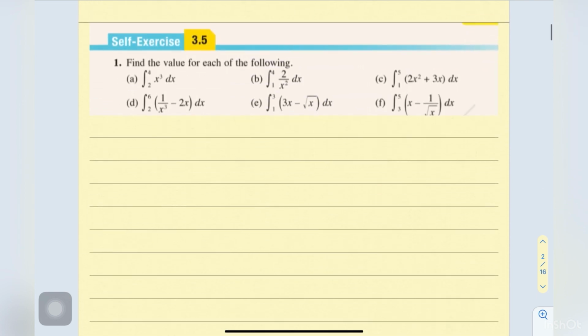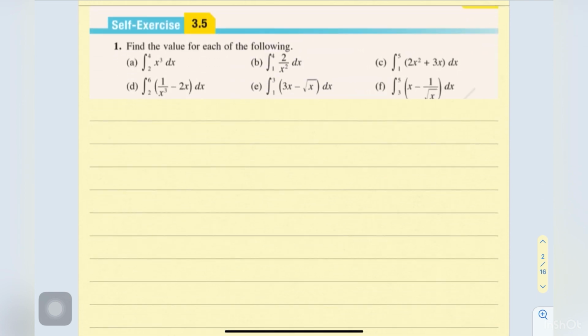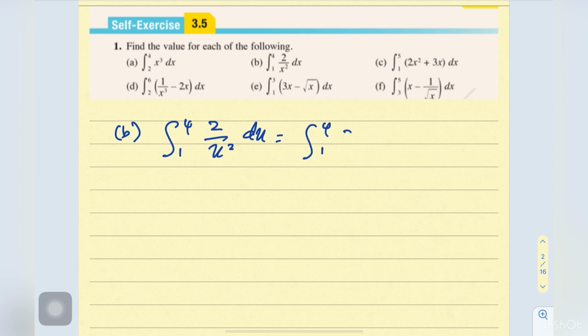Okay, for question B, integrate from 1 to 4, 2 over x squared dx. This one you have to move x squared up, becoming 1 to 4, 2x to the power of negative 2 dx. Then we integrate. Here we get 2x to the power of negative 1 over negative 1.